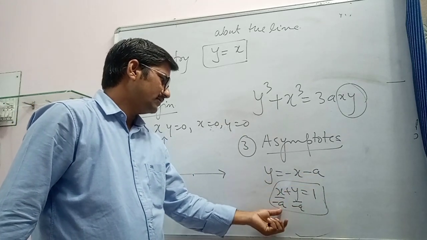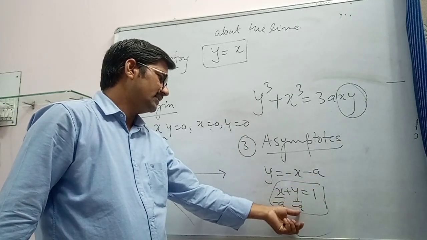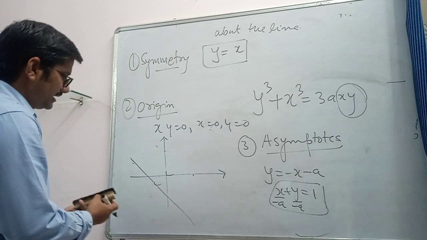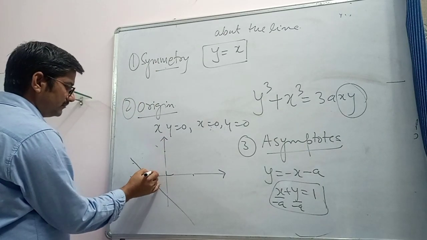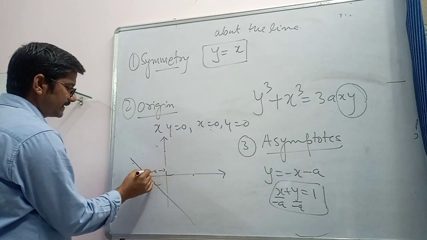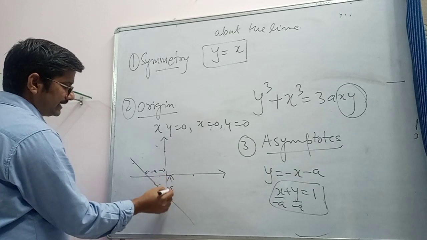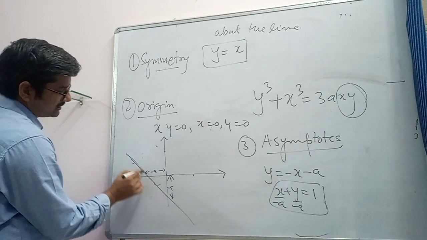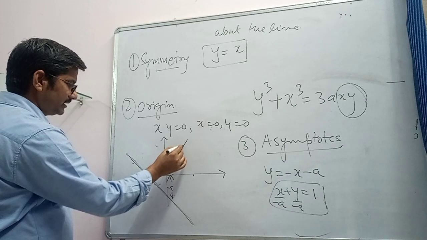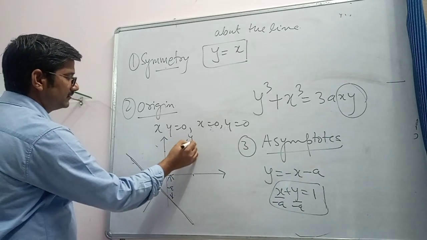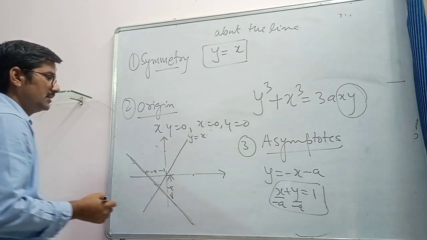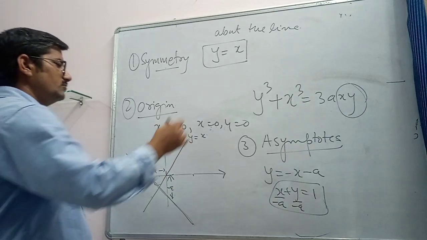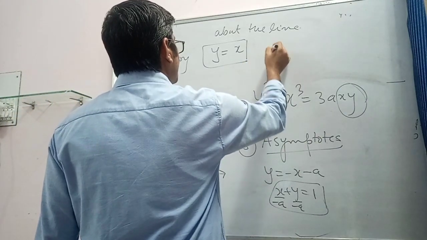So x upon minus a plus y upon minus a is equal to 1. It means it will have the intercept minus a and minus a on both the axes. Okay. So this is the asymptote for this curve, and it is symmetric about this line, y is equal to x. Next point is the point of intersection.